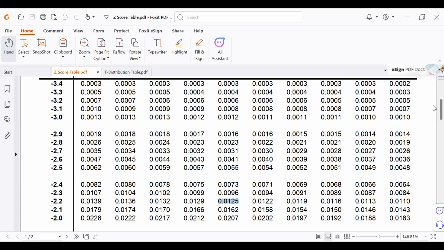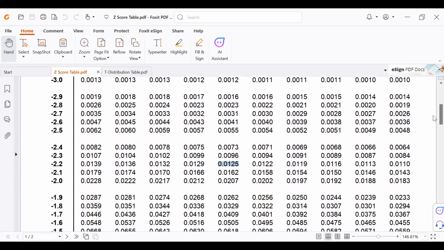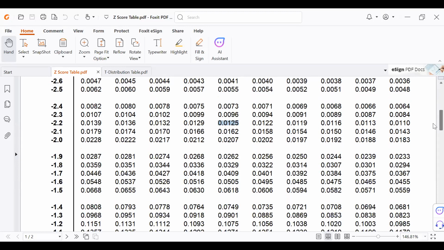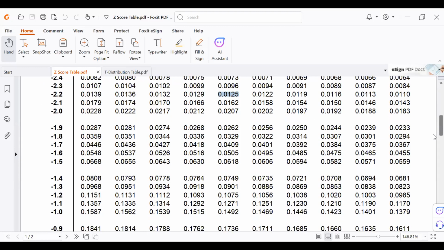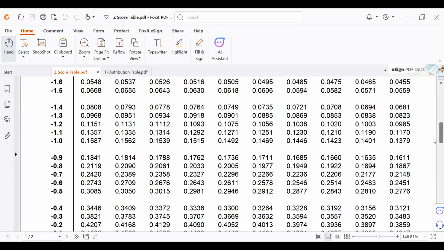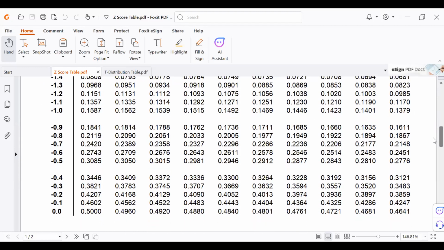Okay, so negative 0.13. Is it negative 0.134? Yes. So what are we getting here?